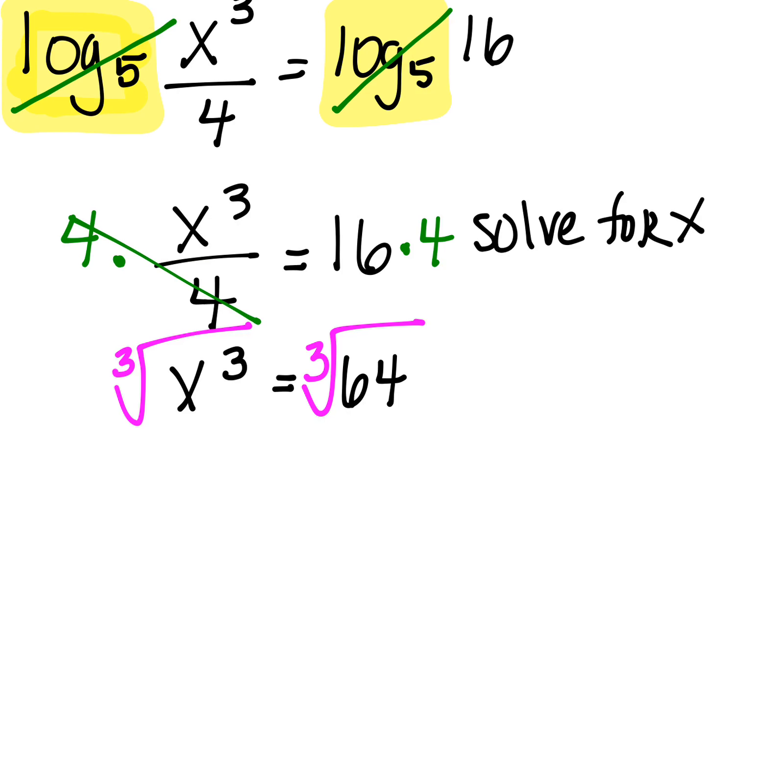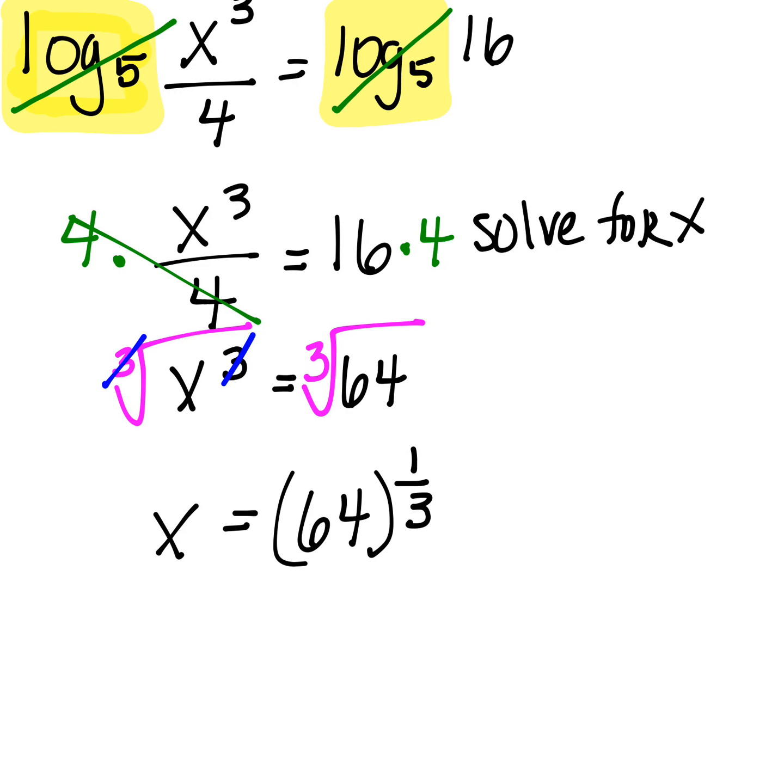Well, this cube root and this third power cancel each other out. So you're left with x equals, well, I could rewrite 64 as 64 to the 1/3, right? I technically could do that.